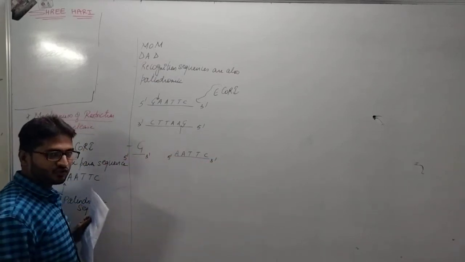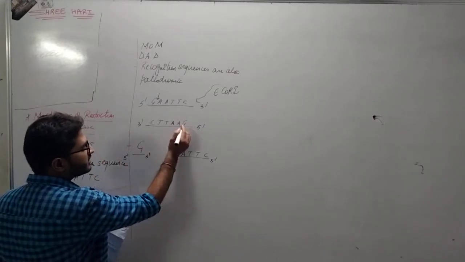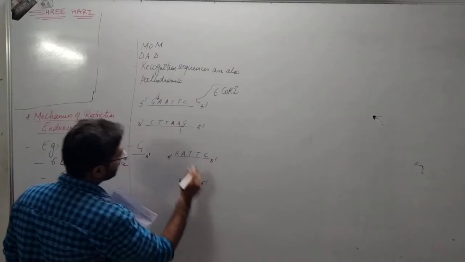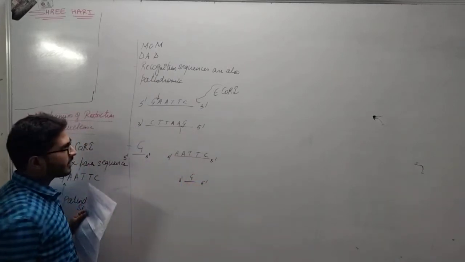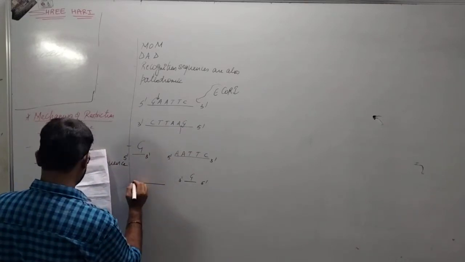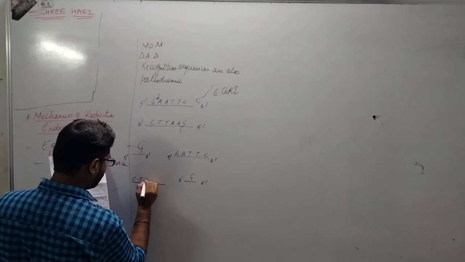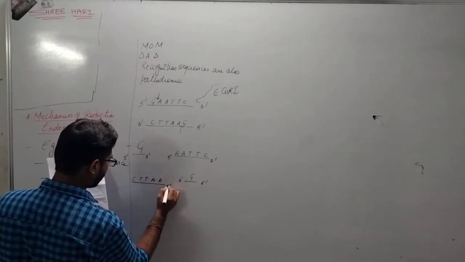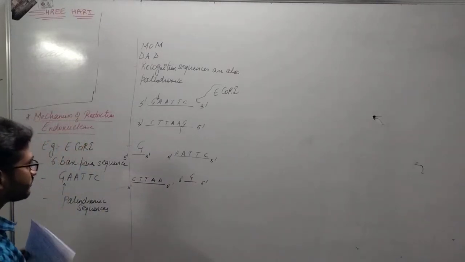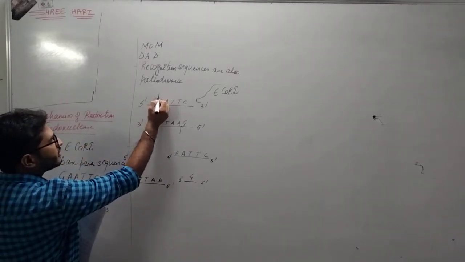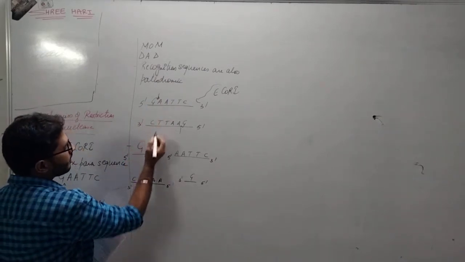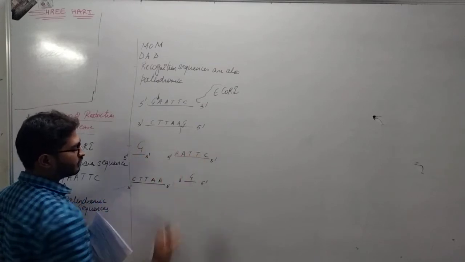Let us talk about the next strand. Between G and A the cut is made, so 3 prime to 5 prime, we get CTTAA with G separated. The first cut was made between G and A, so G is separated and AATTC is also separated.